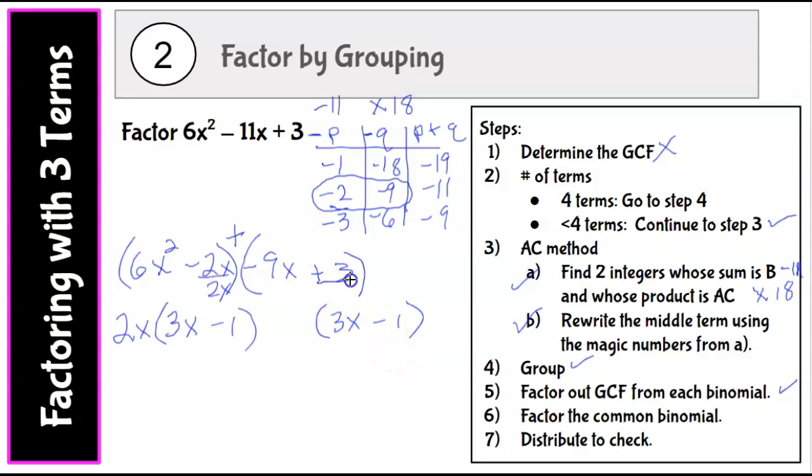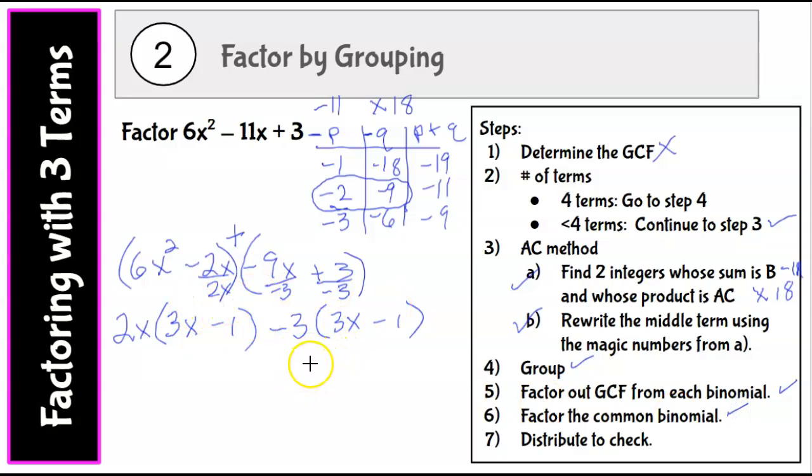So how do I turn this to a minus? That's if I pull out a negative 3. They both have a 3 in common, and then if I pull out a negative 1, that'll leave me with a minus here so that these match, because that's the next thing, that they have to have a common binomial. So you've got to think ahead a little bit.